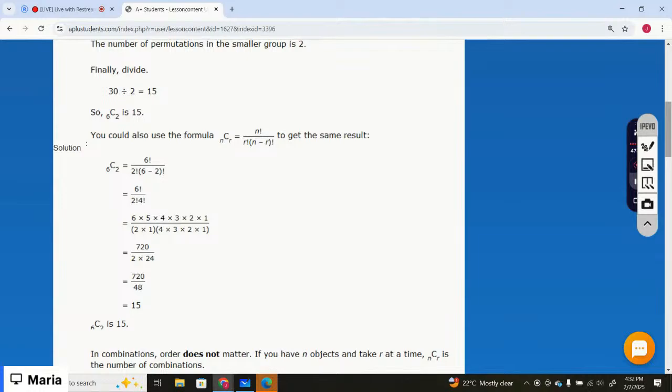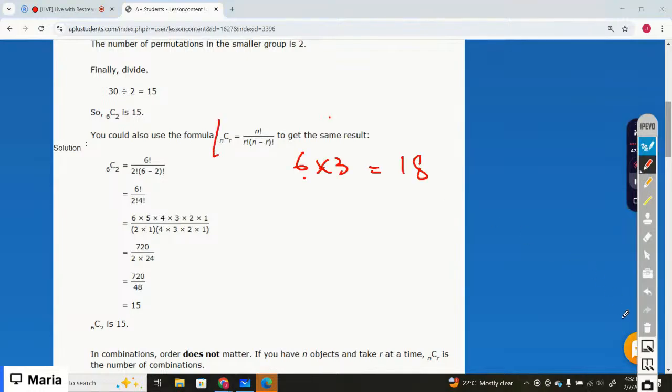Here is the formula to evaluate nCr: n factorial divided by r factorial times n minus r factorial.